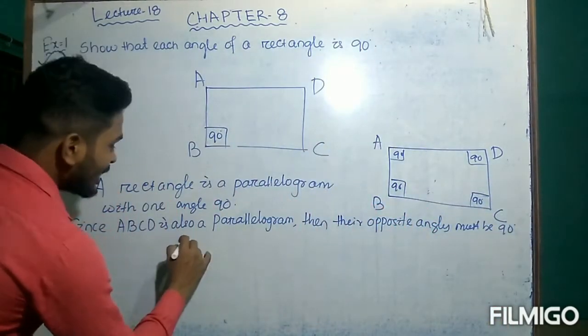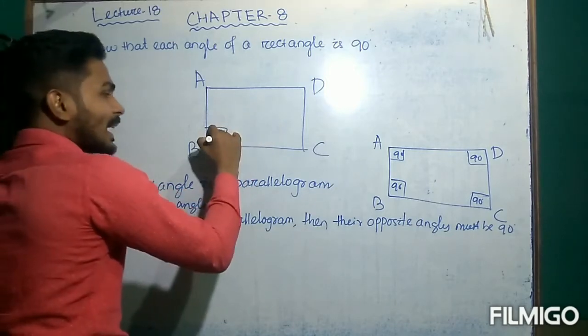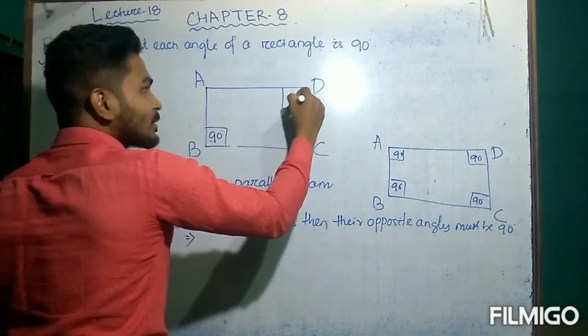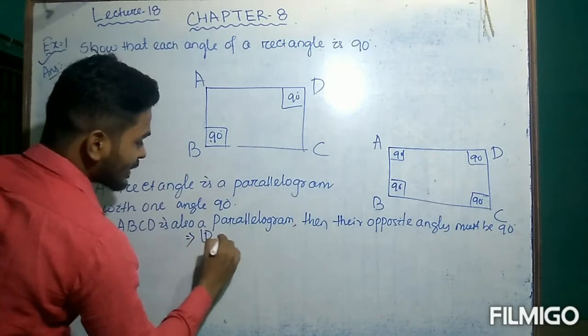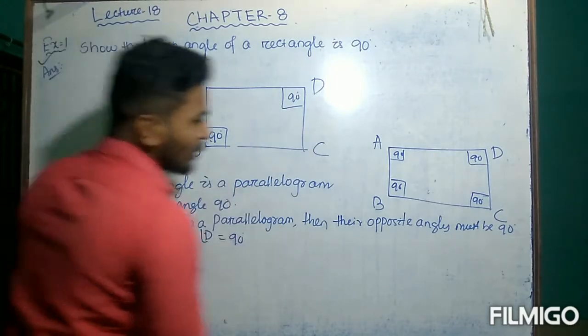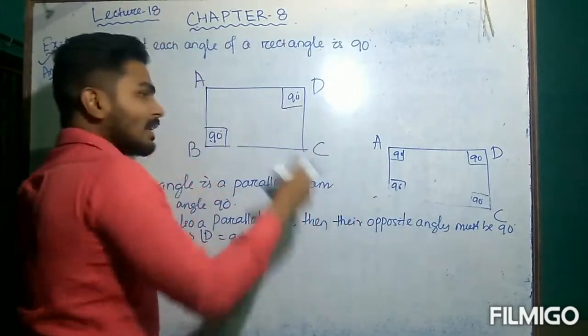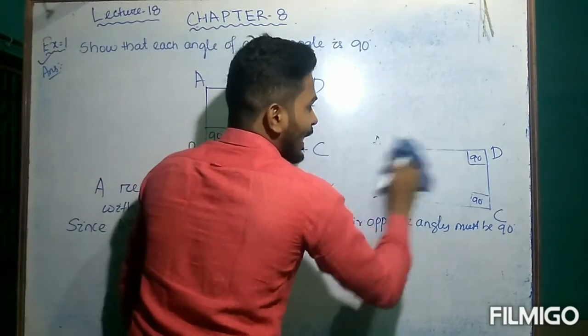We can write that the opposite angle of angle B is angle D, so it must be 90 degree, which implies D is equal to 90 degree. So what have we found? We have found another angle D whose value is 90 degree.